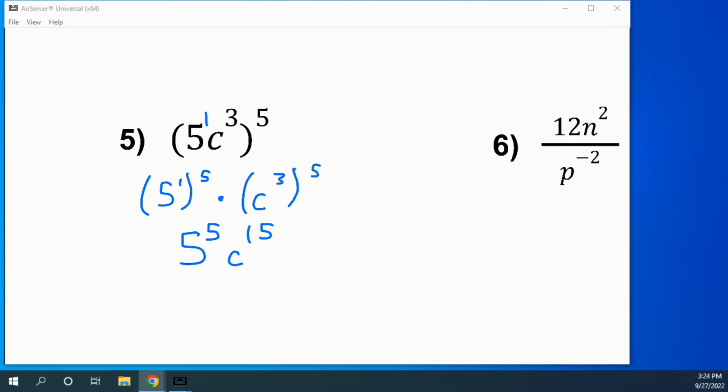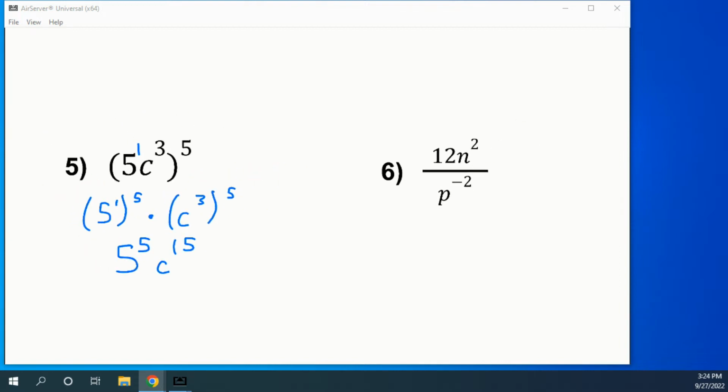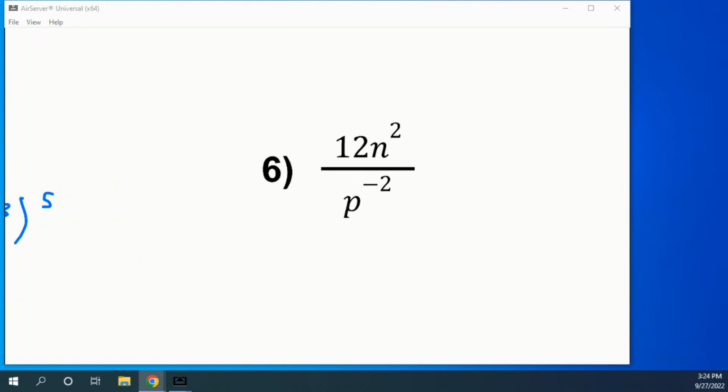Okay? Number 6. 6 is an interesting one because looking at 6, none of these have the same bases, so we can't divide them. There's only one thing that we can do on 6, and it involves this -2. In the notes, I said use the reciprocal of whatever exponent has that -2. So since -2 is the exponent on the bottom, it needs to come on up to the top.